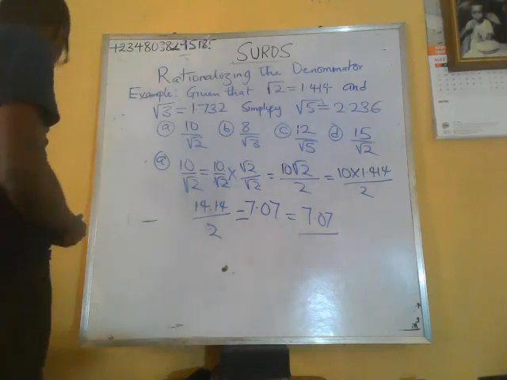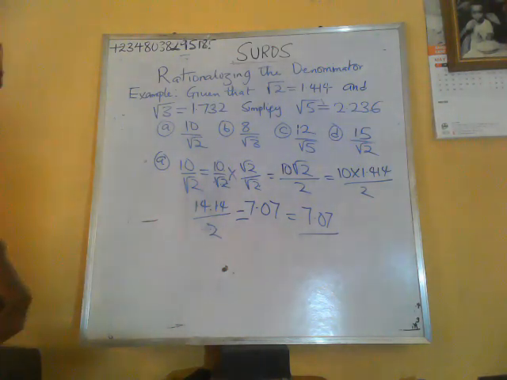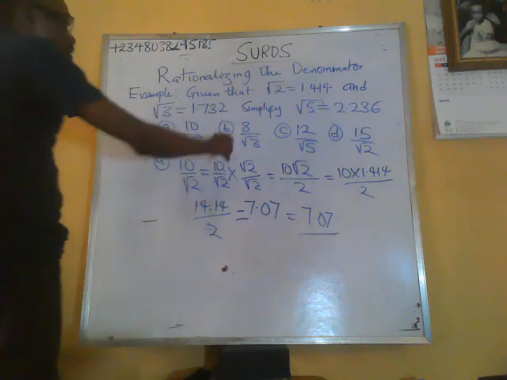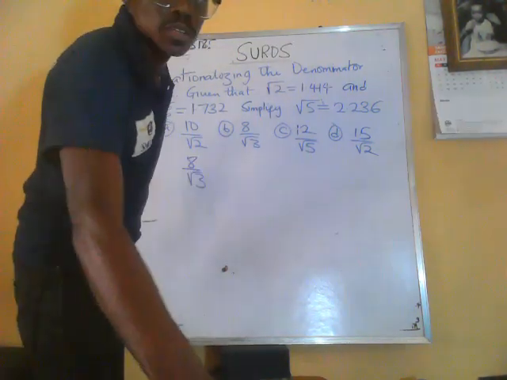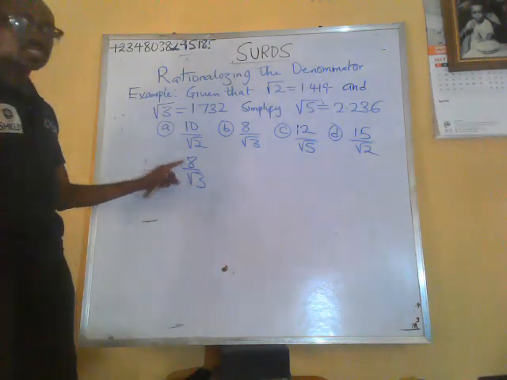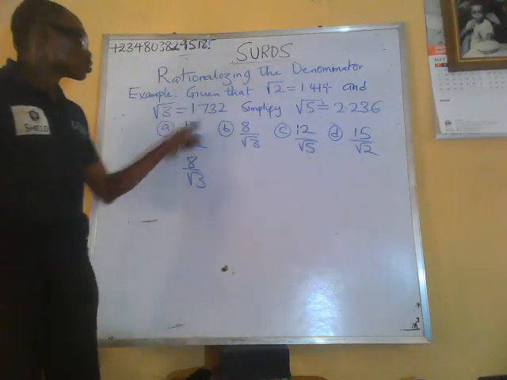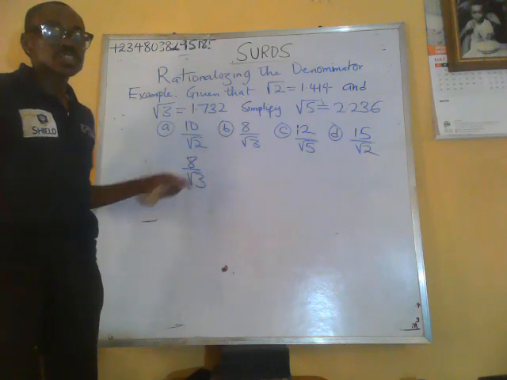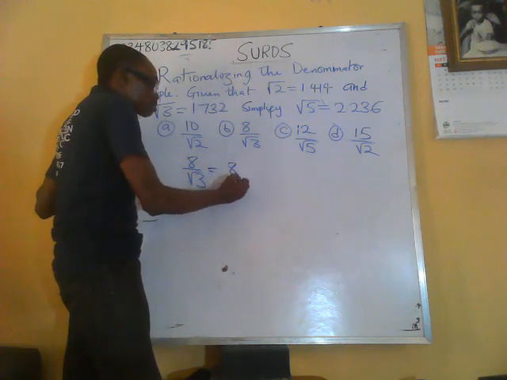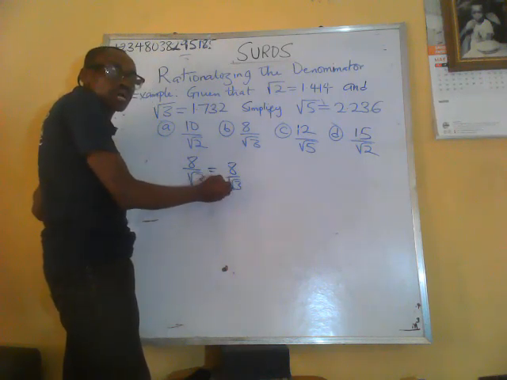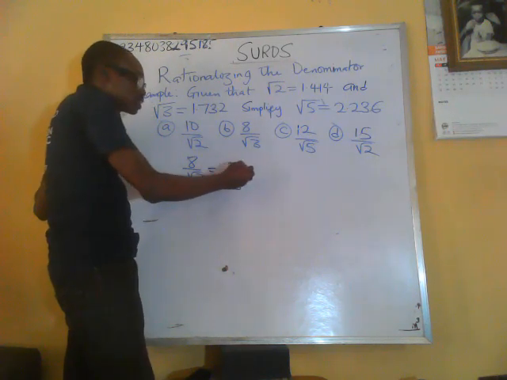We move to the next one, which is 8 divided by root 3, where root 3 is 1.732. First of all, we rationalize. Like I said before, rationalizing is just a question of multiplying by root 3 over root 3.